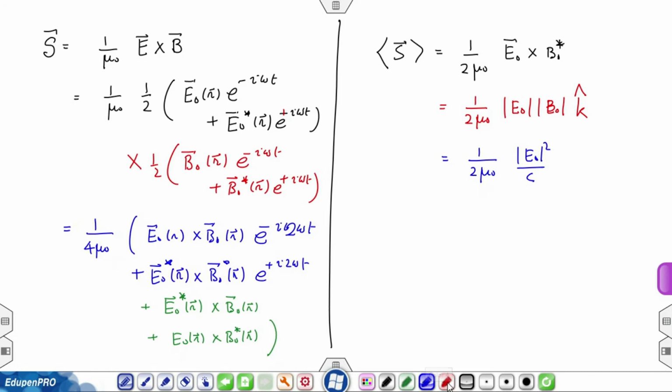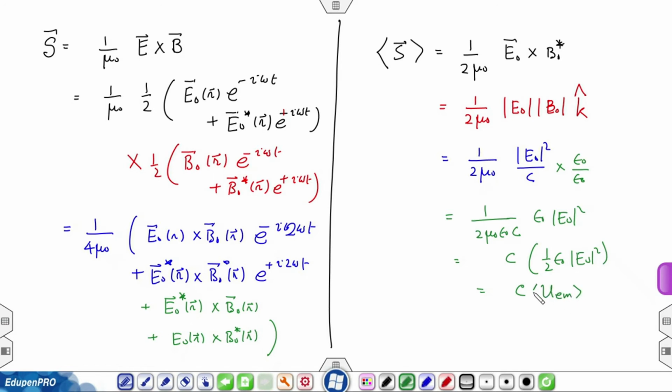And if I multiply this by epsilon 0 over epsilon 0, I get this equal to 1 over 2 mu 0 epsilon 0 c times epsilon 0 mod E 0 square, which is c times 1/2 epsilon 0 mod E 0 square, which is c times u EM time averaged in the k direction. So, I should not be forgetting that. All this is in the k direction.